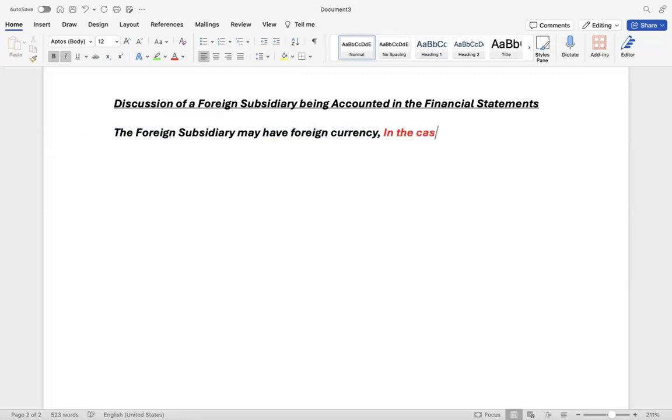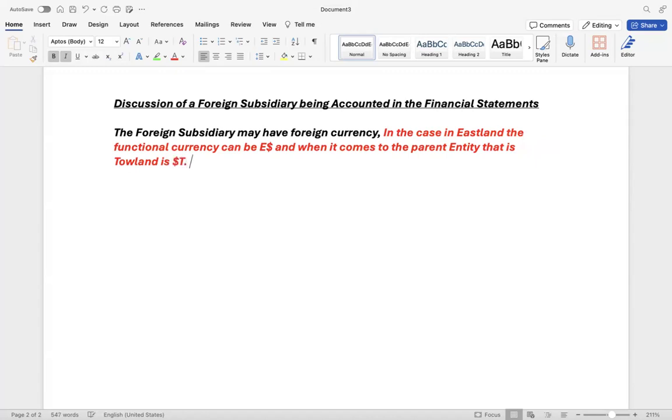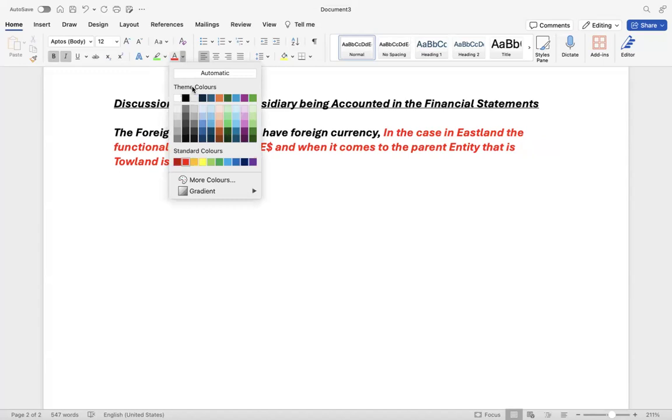In the case of Eastland, the functional currency can be E-dollars. And when it comes to the parent entity, that is Towland, it is T-dollars. So I will slowly move forward.